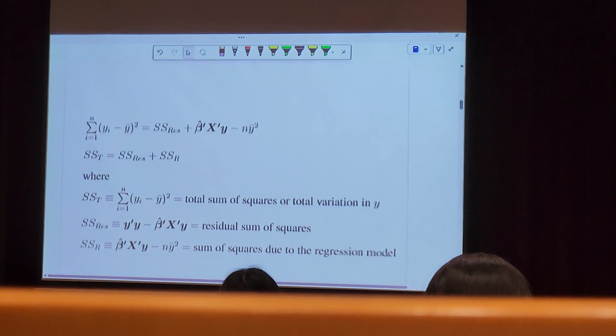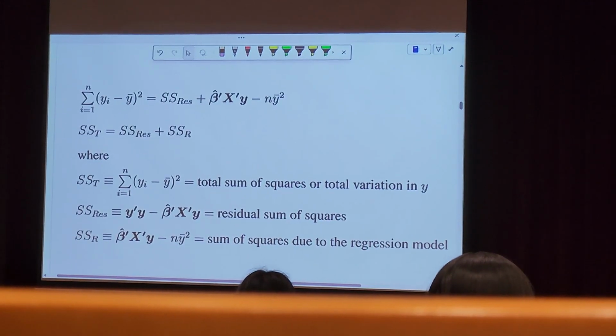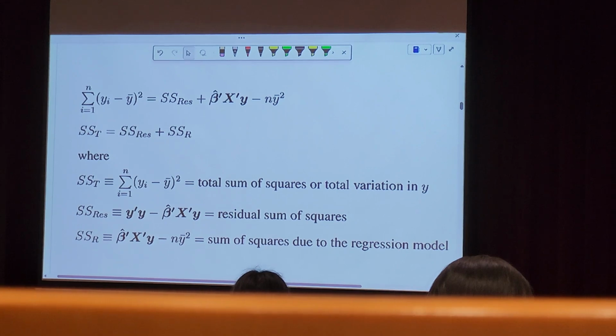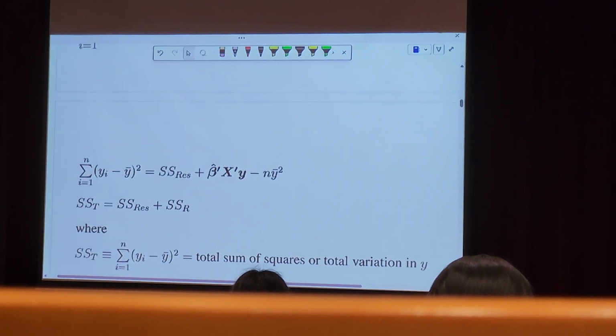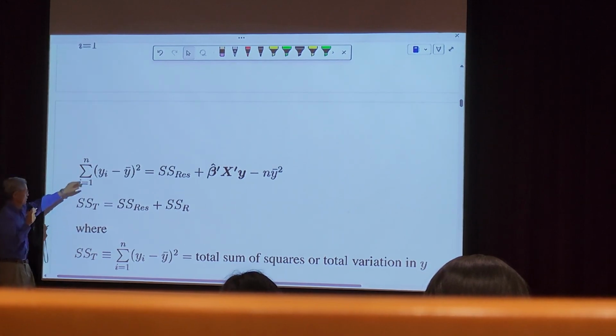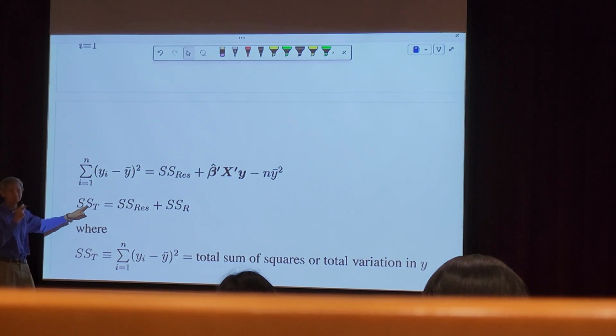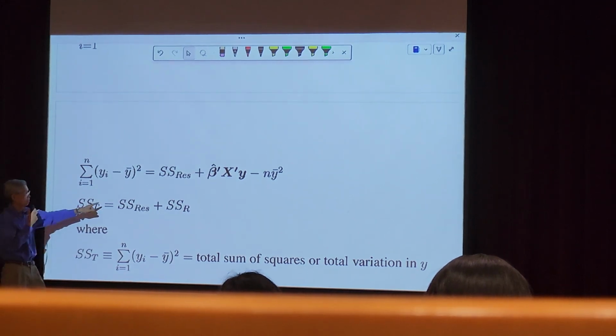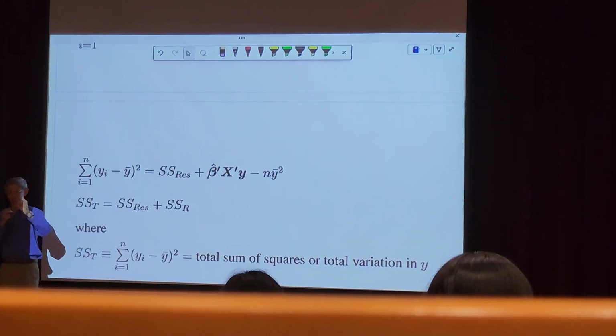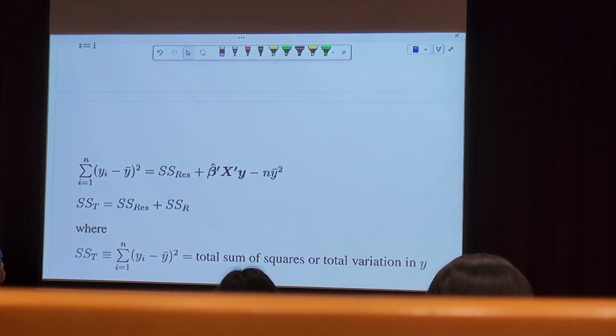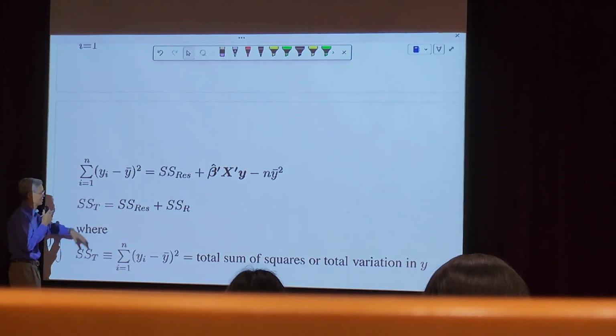So this quantity is denoted by SST. SS residue is the sum of squares of residue. That one we understand. This one we also understand.